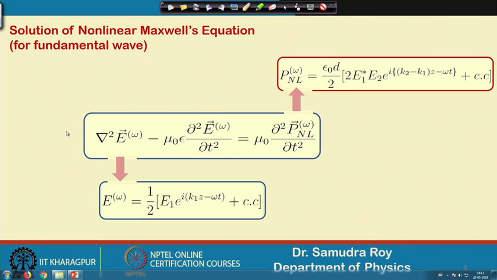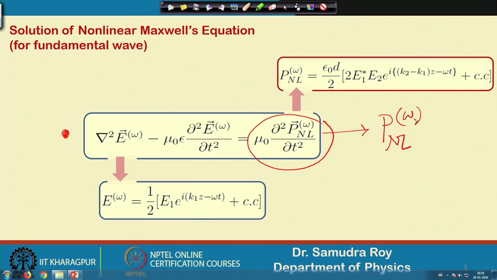This was our first expression, which is basically Maxwell's equation, but here we have a term related to P nonlinear at frequency omega. This is the term which we call the source term. What will this source term do? It will start generating an electric field which is vibrating at frequency omega.